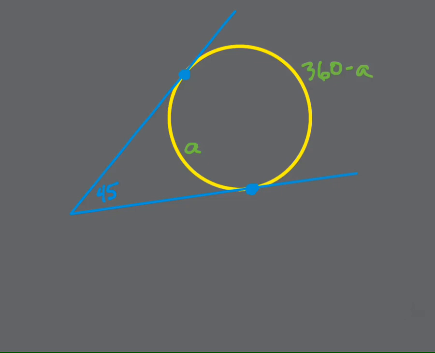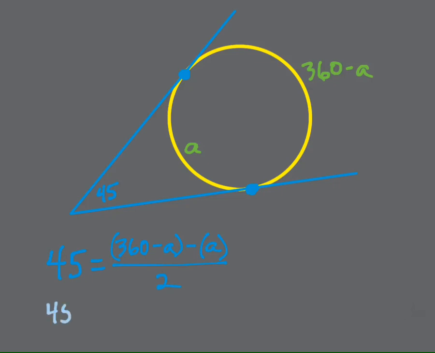Can anybody set up a formula then that's going to help us solve for A? Okay, 45 equals... Which arc is the bigger one? 360 minus A, minus the smaller one, A, divided by 2. 360 minus A minus A is the same thing as 360 minus 2A, right?